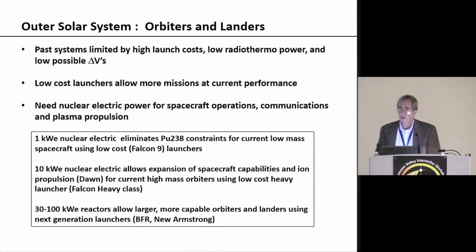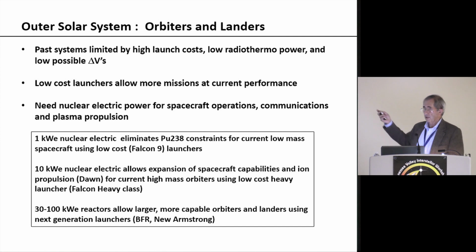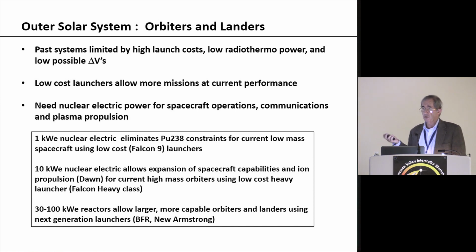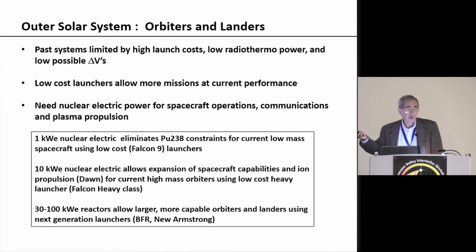You're having to live off of these radioisotope thermoelectric generators, which are just giving you a couple hundred watts. And NASA has just done a brilliant job of being able to do good science out there with those power levels. But you're really limited, and you're also running out of plutonium-238. There are just so many missions you can go on because there's none of the stuff available, and all the missions are competing for that small supply.